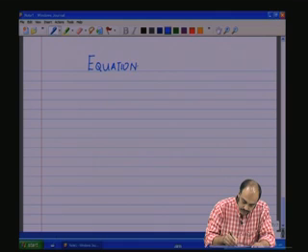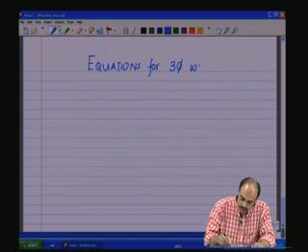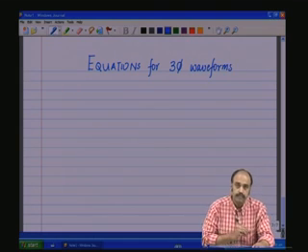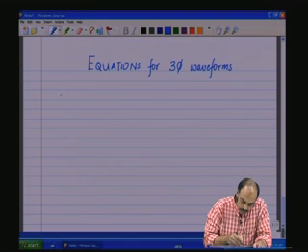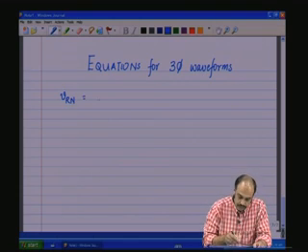Equations for 3 phase waveforms. VRN equals 325 sine 2 pi into 50 t.